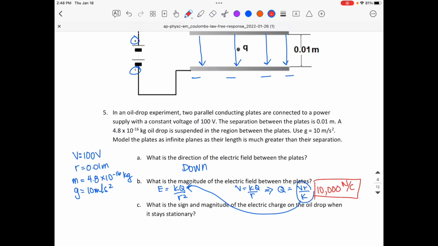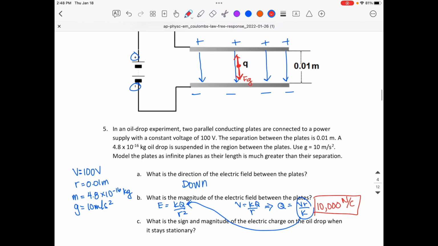The next part asks what's the sign and magnitude of the electric charge on the oil drop when it stays stationary. The key here is that it's stationary. My oil drop, and they gave us a clue because they mentioned gravity, is going to have a force of gravity pulling down. In order for it to stay stationary, it needs a force pulling it up.